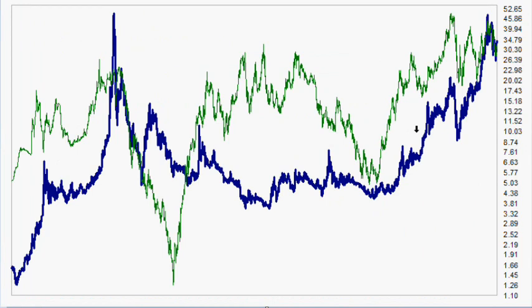Now what we got here in blue is silver, and in green is the inverted dollar chart. Plotted the exact same way so that the highs and the lows match up. Now you'll see situations where they're trading opposite within each other at different time frames. So when the dollar index, this is obviously going down.